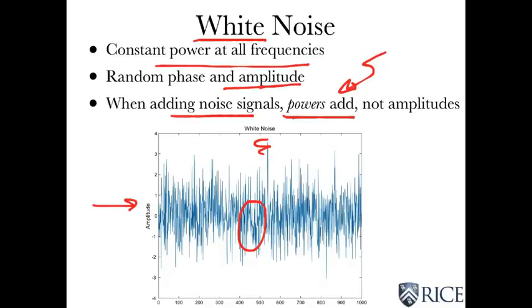Suppose you add together two sine waves of the same frequency. Their amplitudes more or less add, depending on their phase. If they're in phase and at the same frequency, their amplitudes add, and the resulting power is greater than just the sum of their powers individually. Not true for noise. For noise, the powers add.